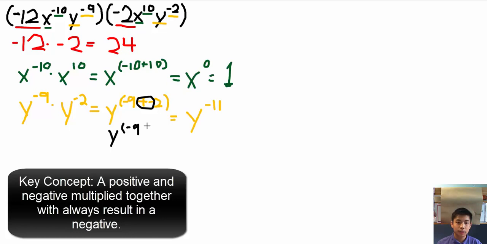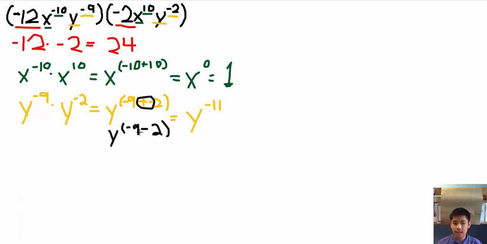You can think about the result of a plus and minus will be a minus. So we write a minus, and we pull back down the 2. Now our little expression inside the parentheses is negative 9 minus 2, and negative 9 minus 2 is negative 11. So this is why negative 11 is the exponent.